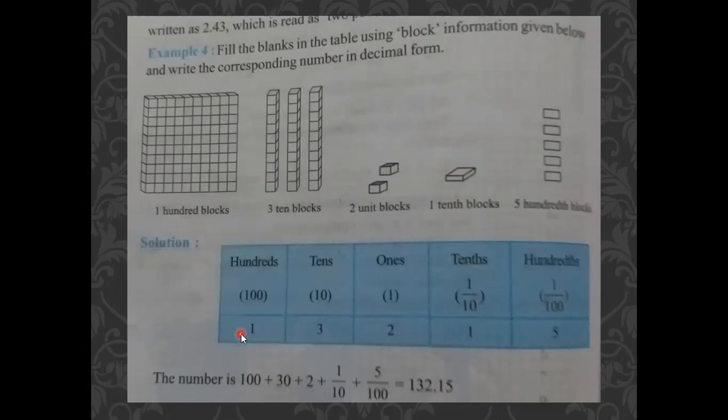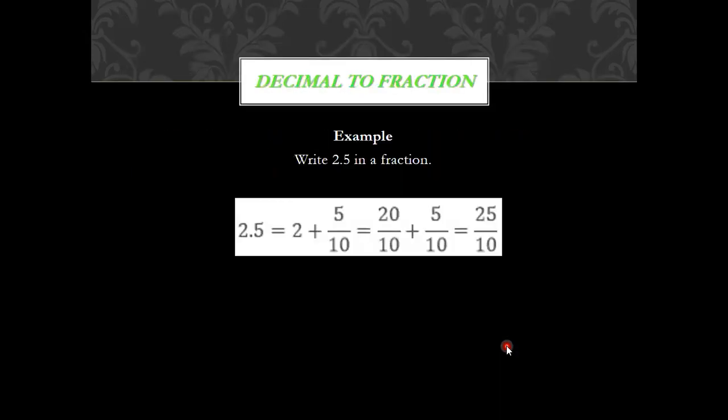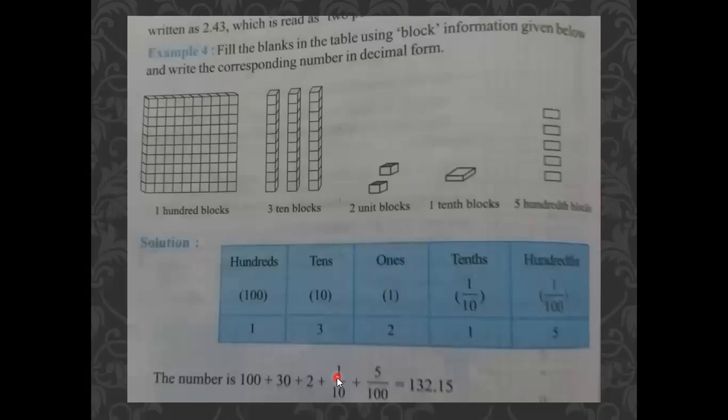Here hundreds, 1 is there, then tens, 3 is there, and ones, 2 are there, tenths only 1 is there, and hundredths, 5 are there. So this is the way you can write. So that means 100 plus 30 plus 2 plus 1 by 10 plus 5 by 100. So this you can write as 132.15 in decimal form.